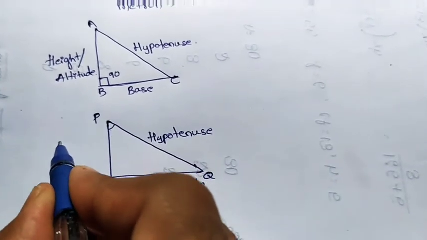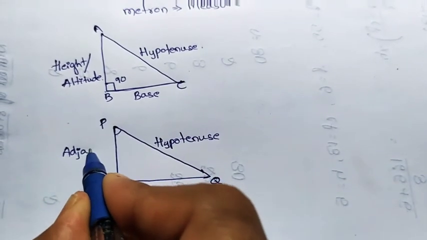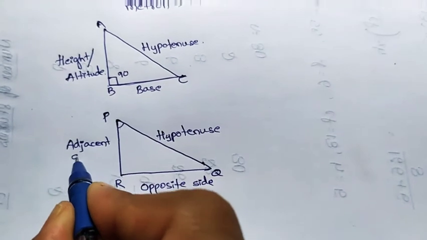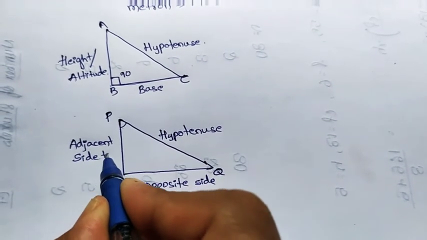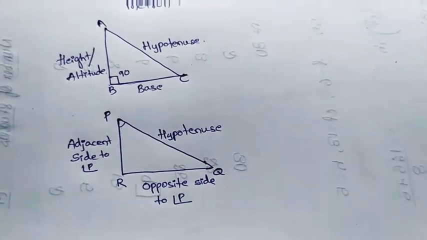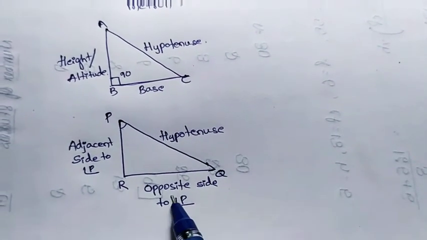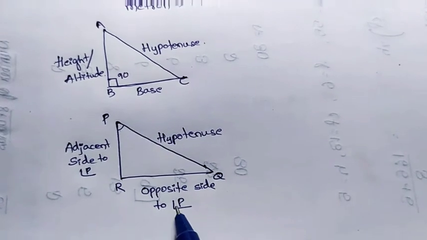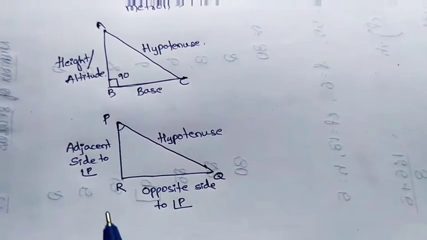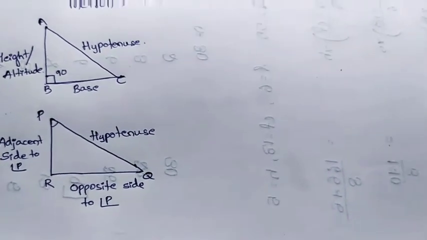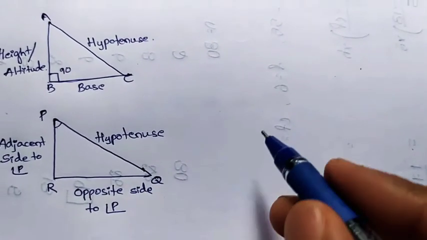PR will be the adjacent side to angle P. So PR will be adjacent and RQ will be opposite when we take the reference as P.